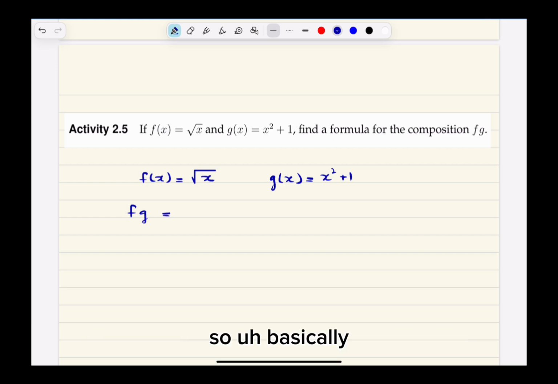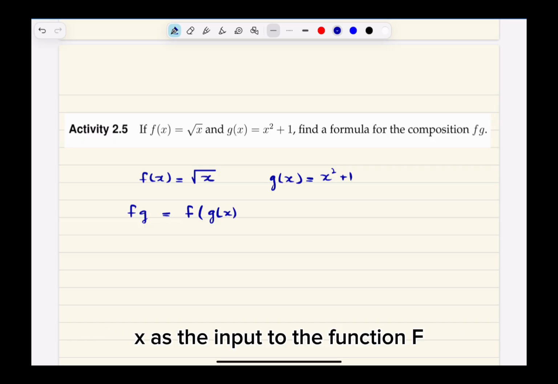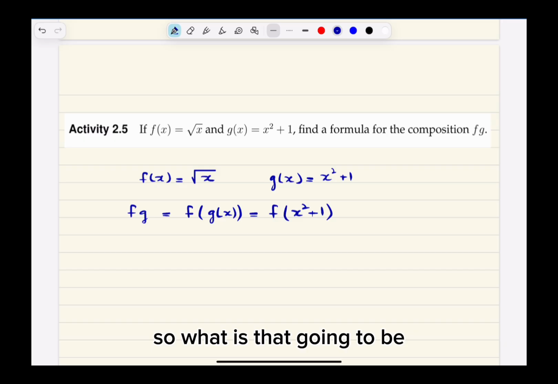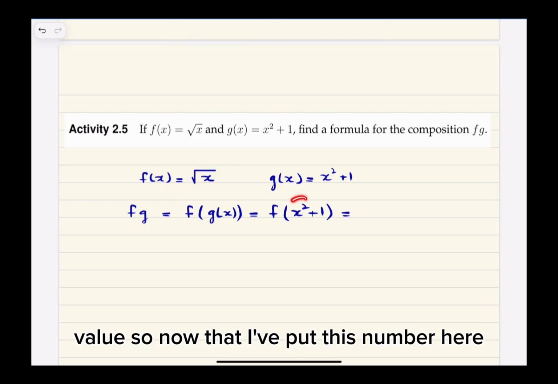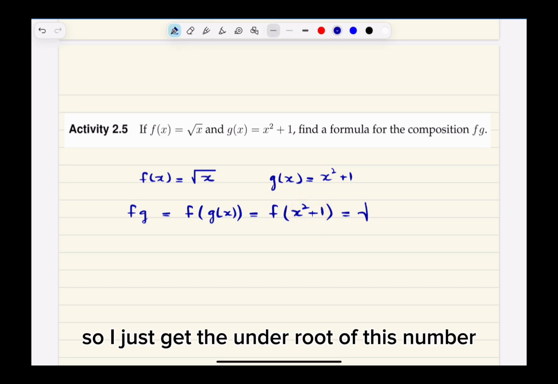Which means that you put the function g(x) as the input to the function f. So what is that going to be? Remember, any value I put here, the function is going to give me the square root of that value. So I just get the square root of this number.